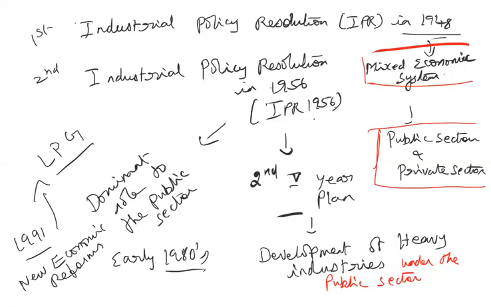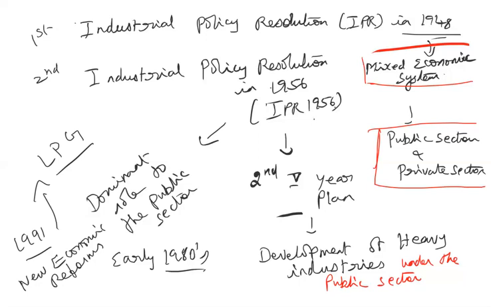In other words, the private sector was given more importance in the development of industries and other activities in the country. So after 1991, again, the share of the public sector decreased and the share of the private sector kept on increasing. This is how the share of public and private sector changed over a period of time in the country.